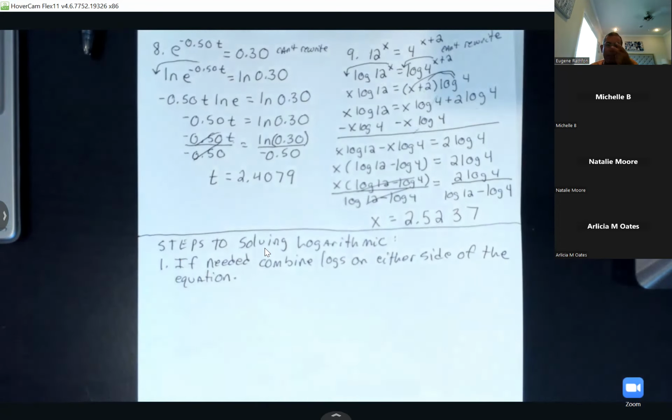But guess what? You might not even have a log base on each side. So we won't have this happening. So if not a log base equal to a log base, then what we're going to do, we're going to rewrite them as exponential.